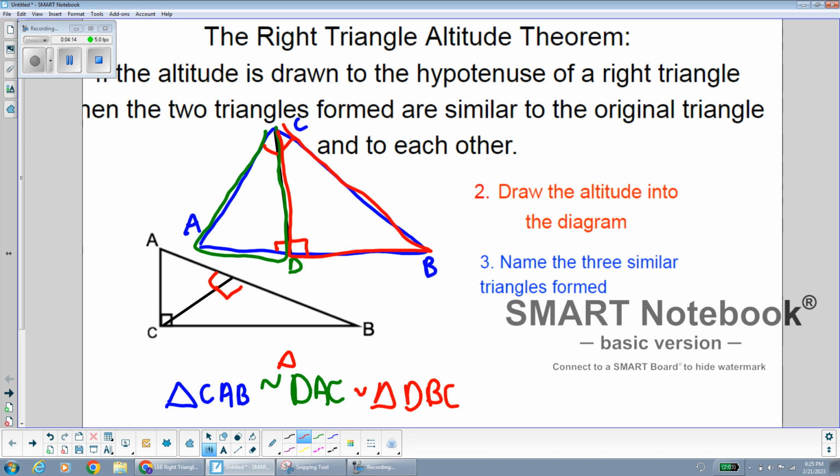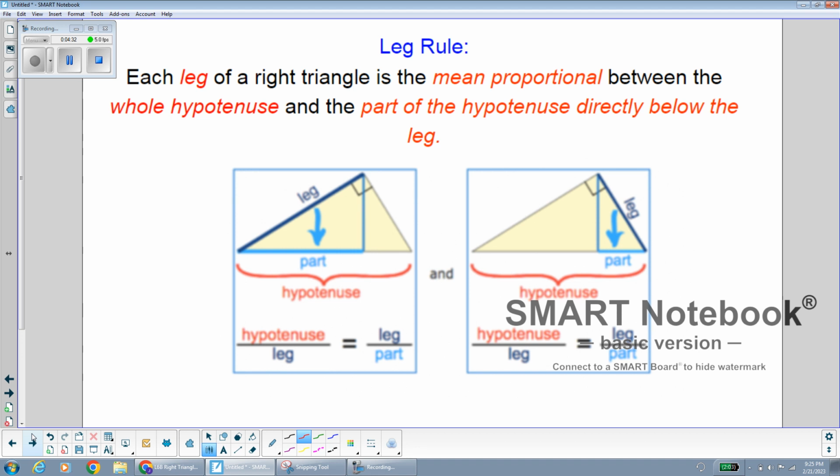Okay, so now that we have the right triangle altitude theorem, and we know that the two smaller right triangles are similar to each other and to the big right triangle, we know a couple of things. When we have similar triangles, the corresponding sides are proportional. So we have two rules, the leg rule and the altitude rule, that come from knowing that we have similar triangles.